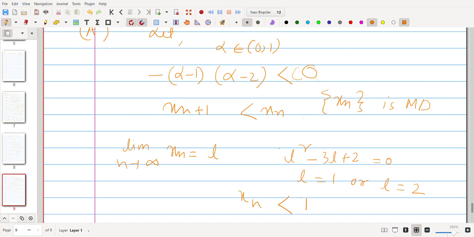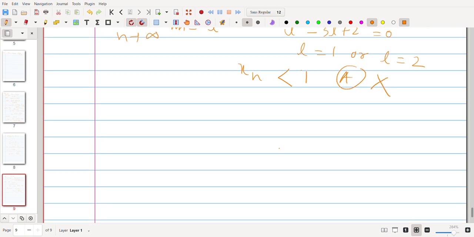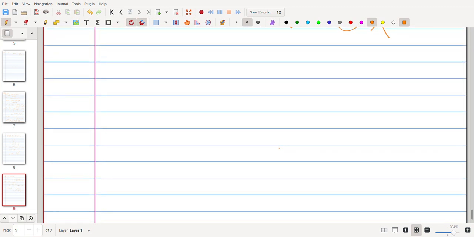So option A is clearly false. Now for B, C, D, we need to be careful, and the given answer is actually correct, so I'm going to prove it carefully.